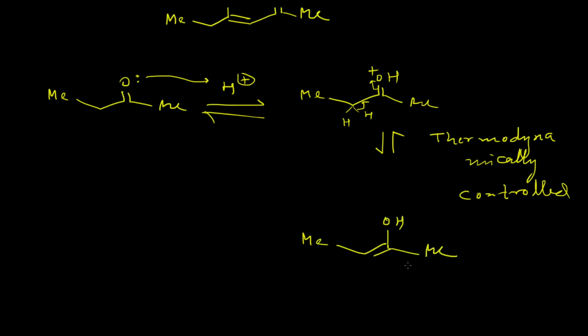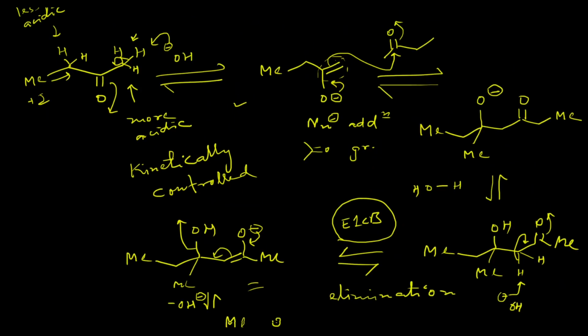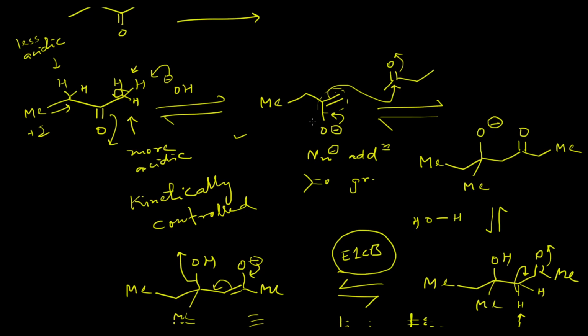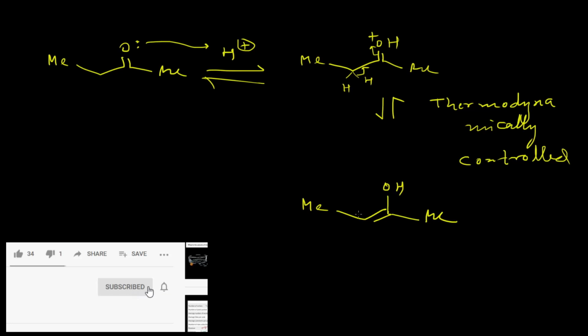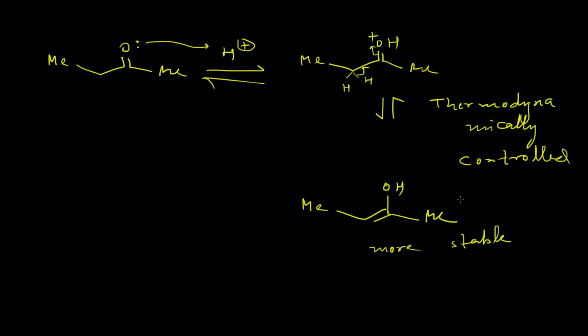You can see now that this double bond actually contains 3 substituents, but here it is only having 2 substituents. So this makes this enol thermodynamically more stable. So in acid catalyzed condition, the thermodynamically stable enol is formed during the reaction, and after that the mechanism is easy. You all know what will happen.